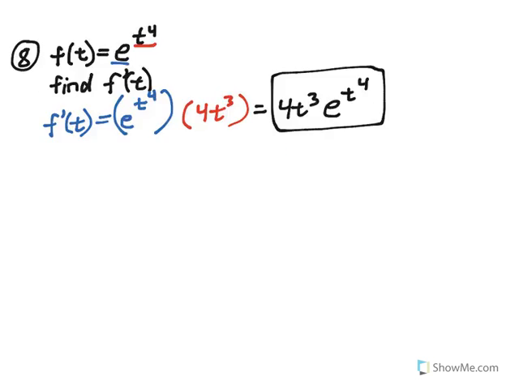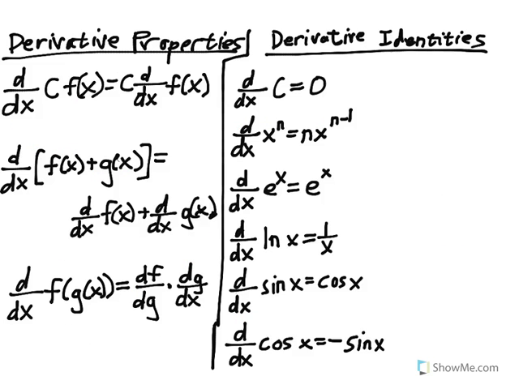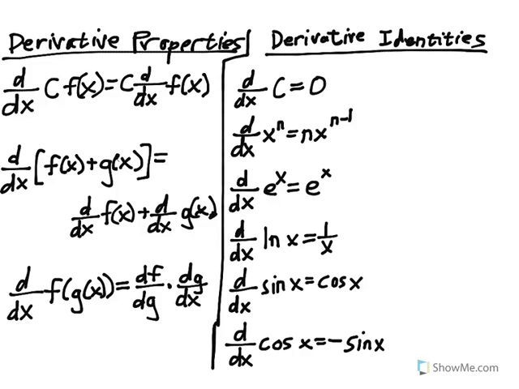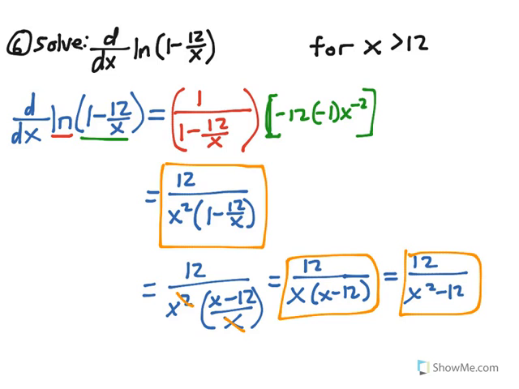Okay, going back a few slides as well. Oh yeah, very first problem. I distributed the x to the x to make x squared, but I forgot to distribute it also to the 12, so this really should be 12 over x squared minus 12x.